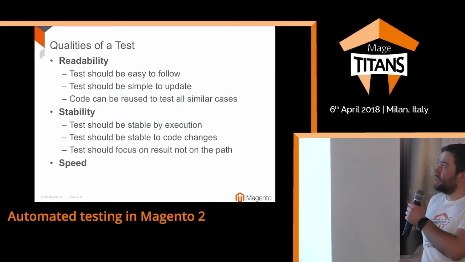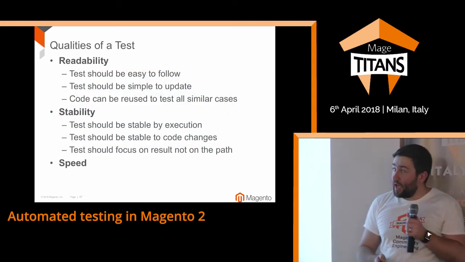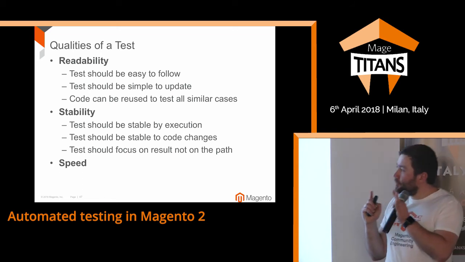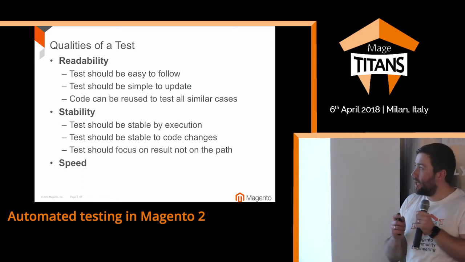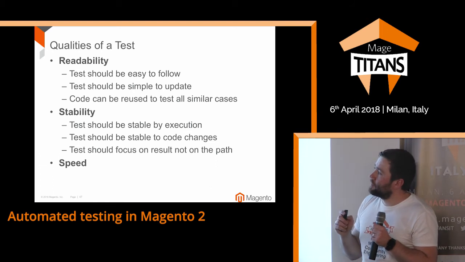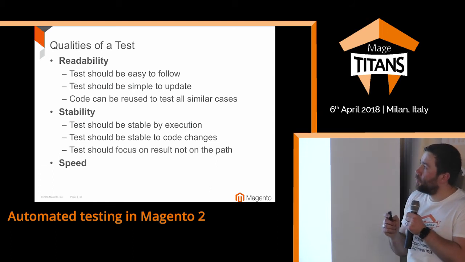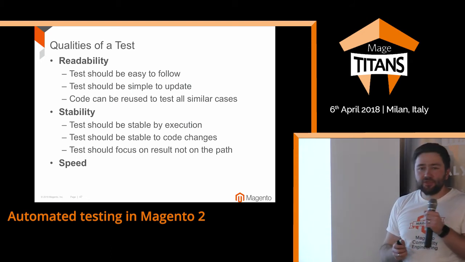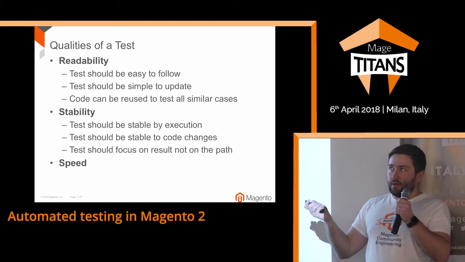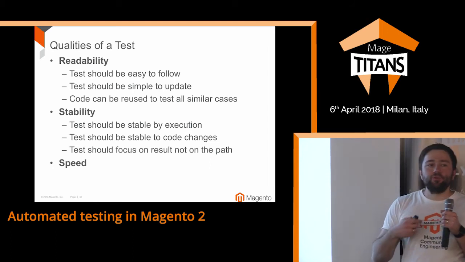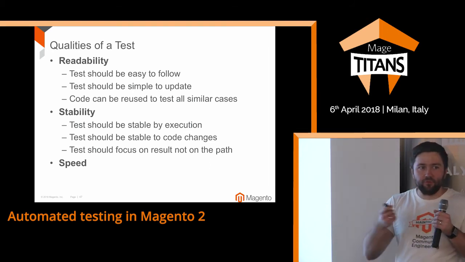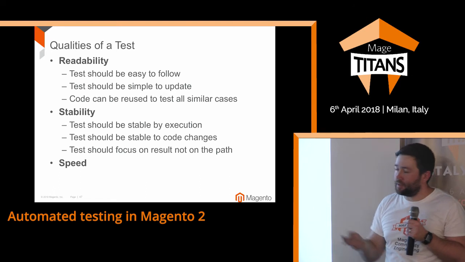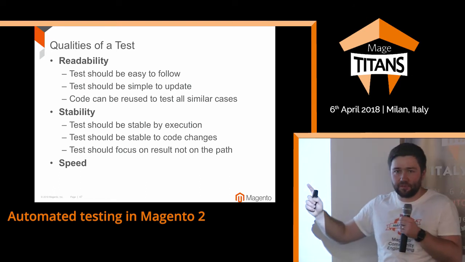So here let's get back to the qualities of a test, and we see that integration testing in its current state satisfies most, even all, of the qualities we currently have for readability and stability. But you should always pay something for the goodness you get with readability and stability, and actually you pay with speed.